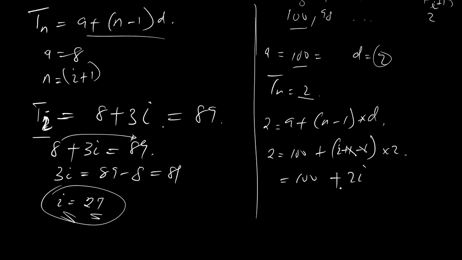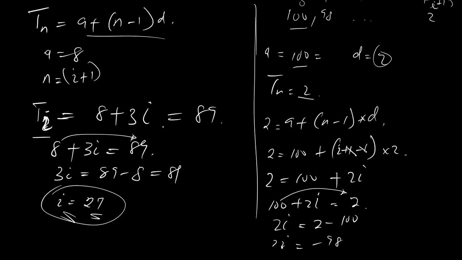This you have I here. So this is 2. So you have 100 plus 2I is equal to 2. So moving this 100 to the other side, you have 2I is equal to 2 minus 100. So you have I minus 98. So 2 divide here, 2 divide here. So I is equal to 49.